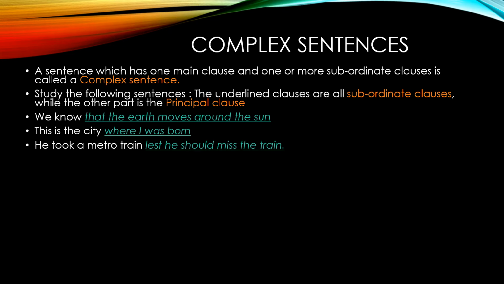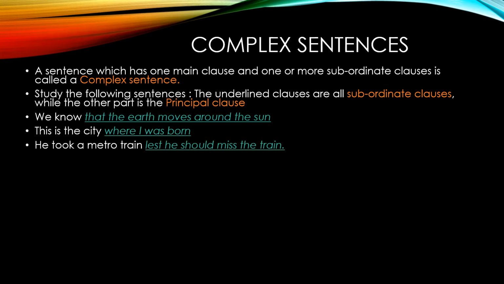In this sentence, we know is the principal clause, and that the earth moves around the sun is a subordinate clause. This is the city where I was born. Here, this is the city is the principal clause. Where I was born is depending on the city.